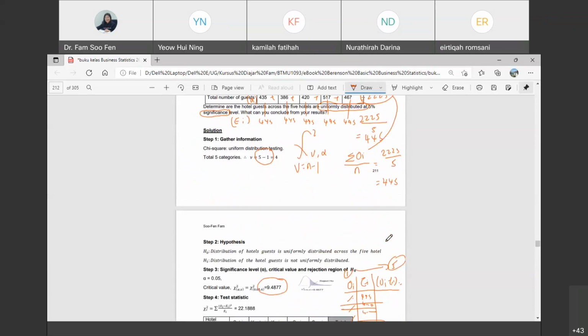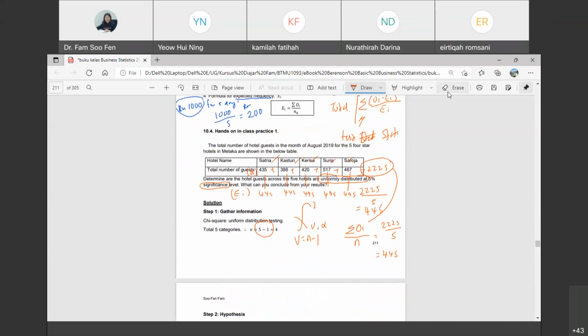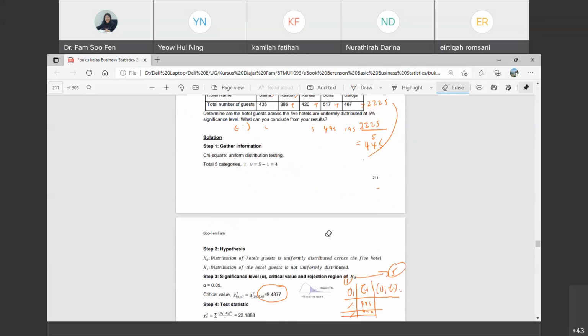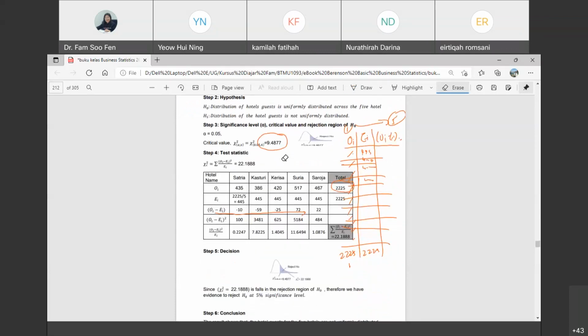So we get the 282. This is how you get this one. If you want to write the explanation, this is why the critical value.